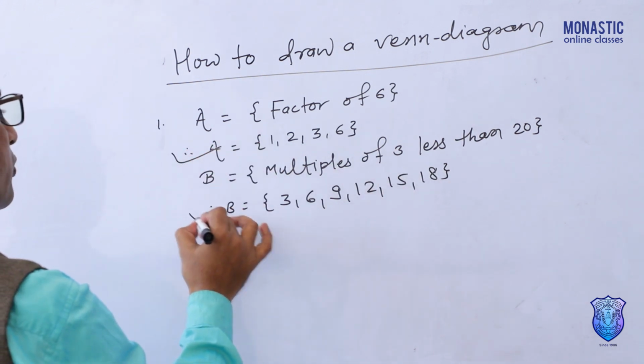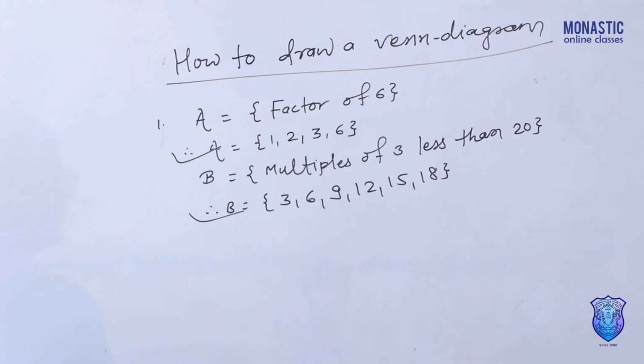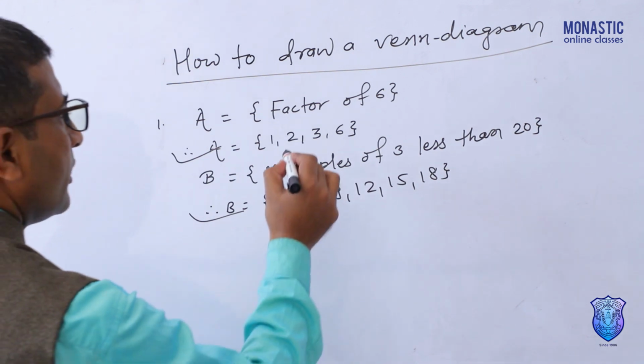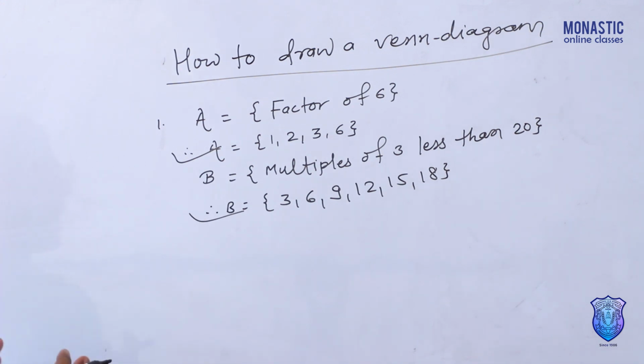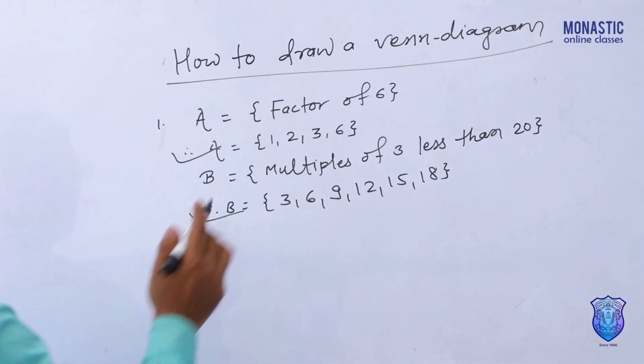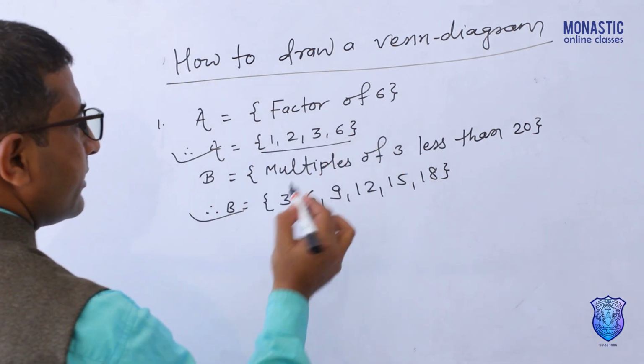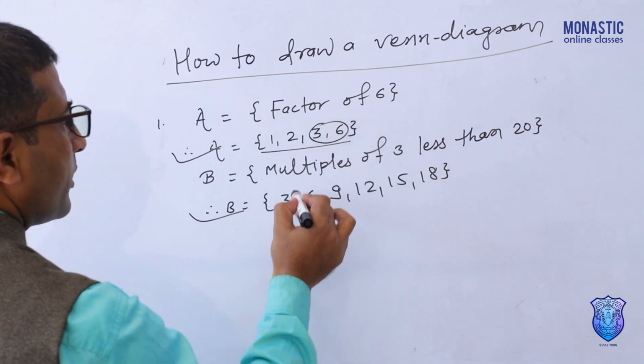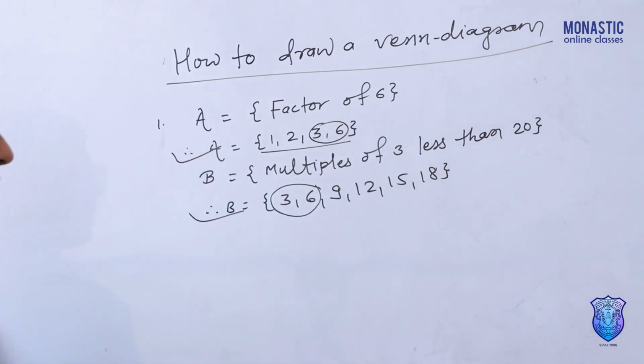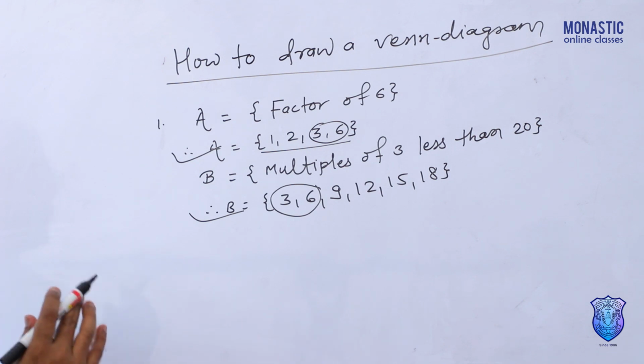If we have to show these two sets in a Venn diagram, first of all we have to know whether these two are overlapping, disjoint or subset. Here we can see common elements are there, so it's an overlapping set.